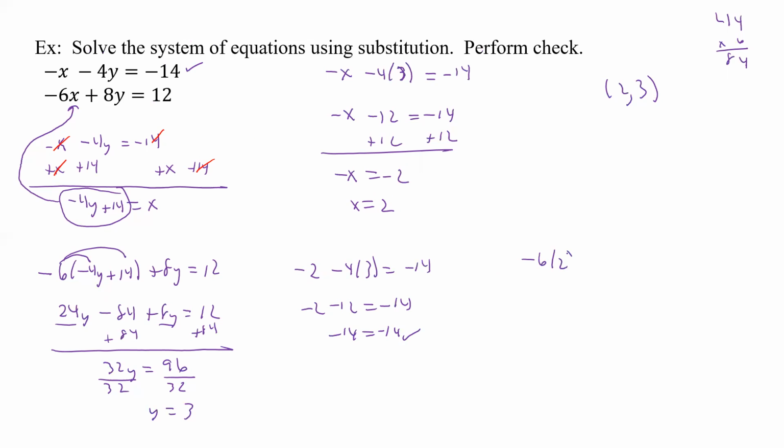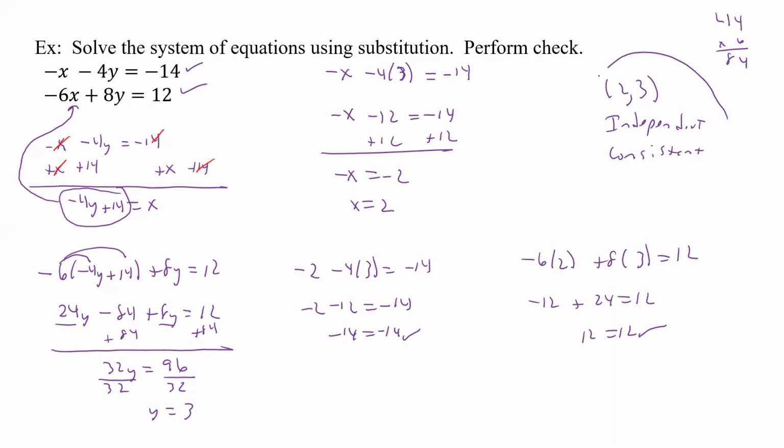Minus 6 times 2 plus 8 times 3 equals 12. Well, it's minus 12 plus 24 equals 12. 24 minus 12 is 12. And it checks. And so it's independent and consistent. And so that would be our solution.